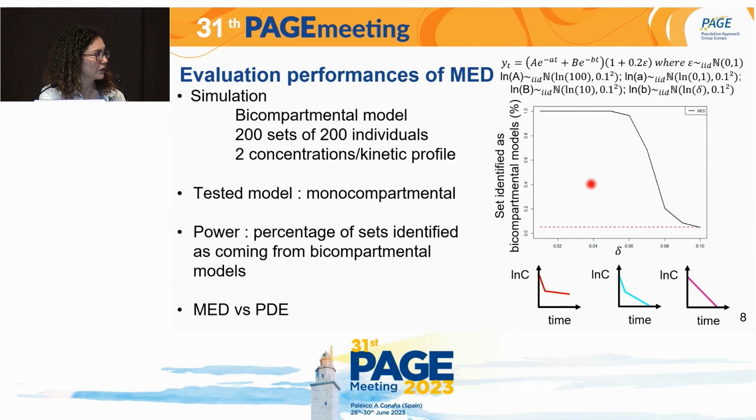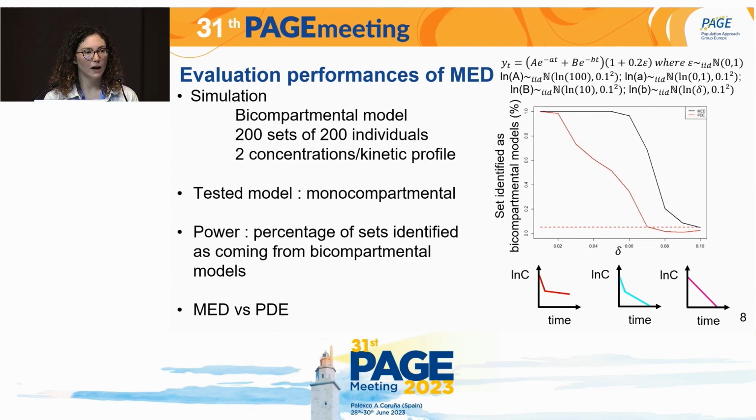You can also see that 5% of observations coming from a monocompartmental kinetics are identified as coming from bicompartmental models. And this result is consistent with the significance level of our test.